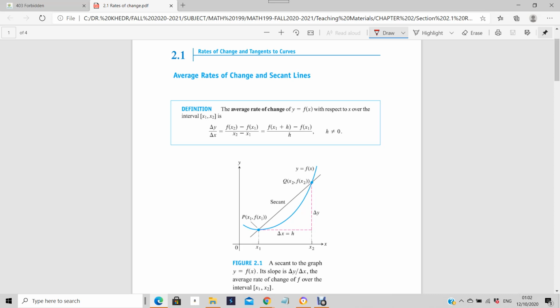To understand more, let's refer to this figure. So this figure shows the graph of the function y equals f of x, which you see, the blue colored curve.